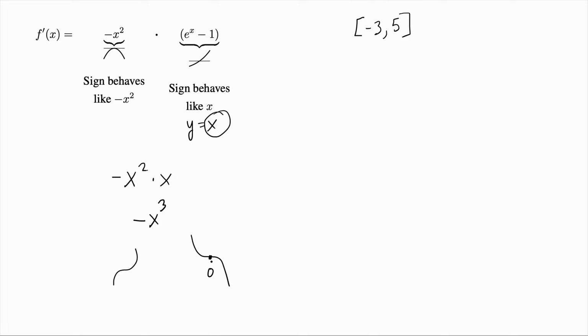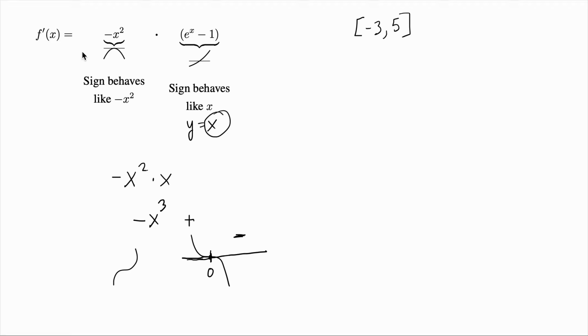This is a polynomial, negative x cubed, and it looks like this, which means on this side of 0, it's going to be positive. On this side of 0, the output is going to be negative. So the derivative is going to be positive to the left of 0 and negative to the right of 0.